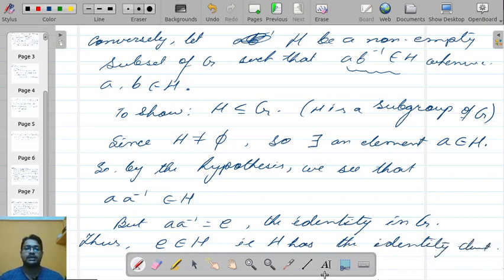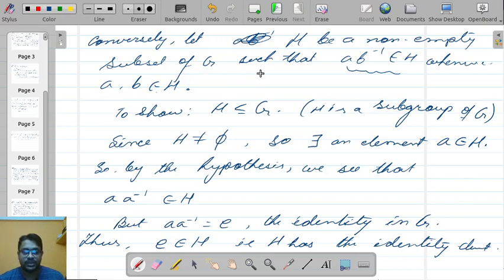Next, I have to check the closure property. First, I have shown the identity property. Observe that I cannot show the closure property immediately, unless I first show the existence of the inverse.